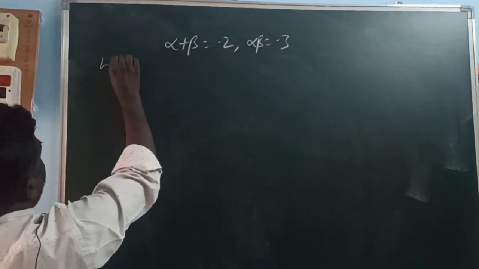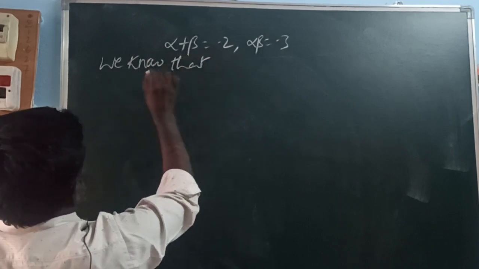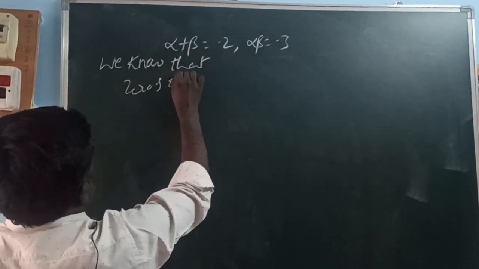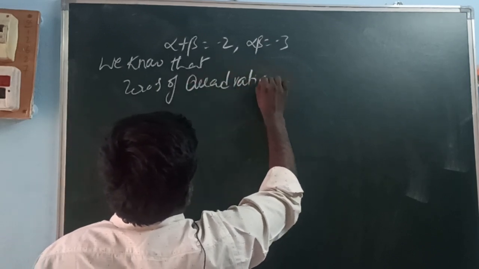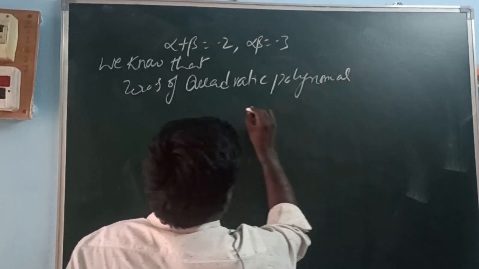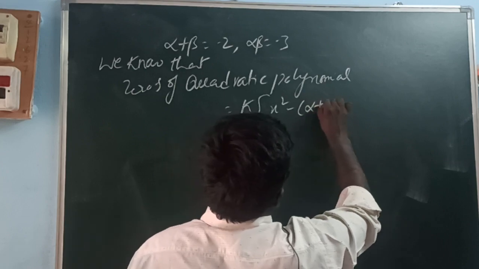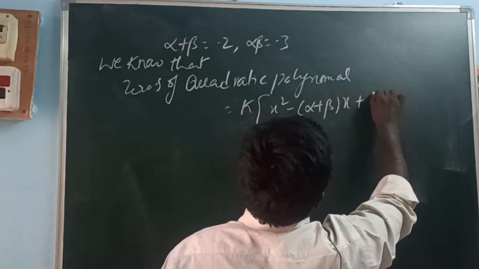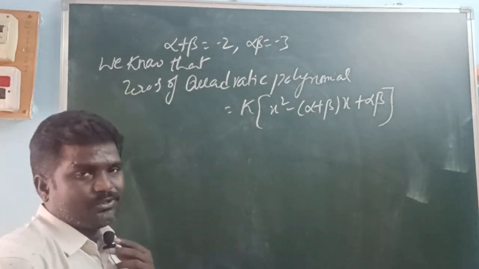So here we know that the quadratic polynomial is k of x square minus (alpha plus beta) into x plus alpha beta. Here k is the constant; take the k value as 1.